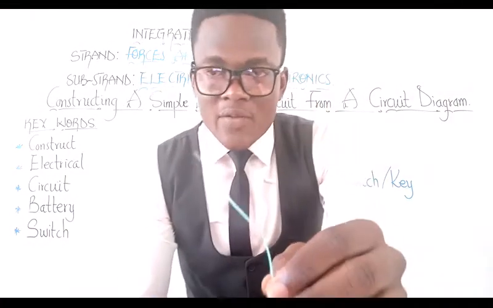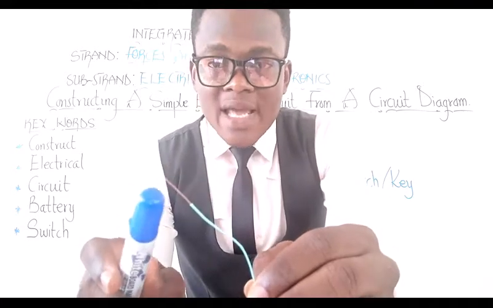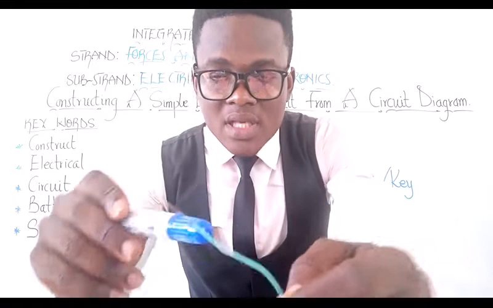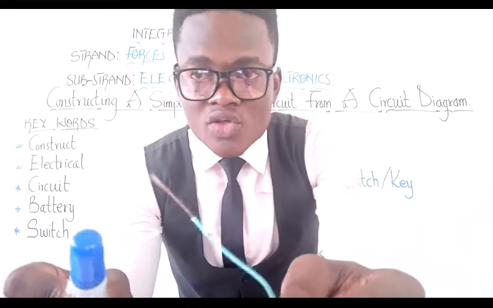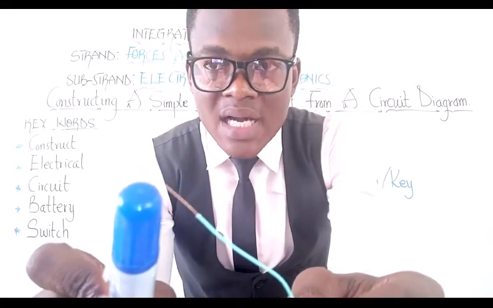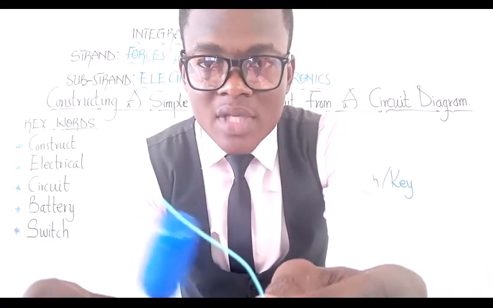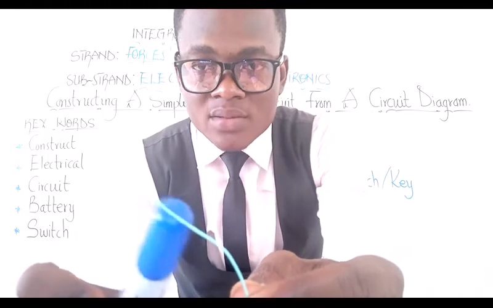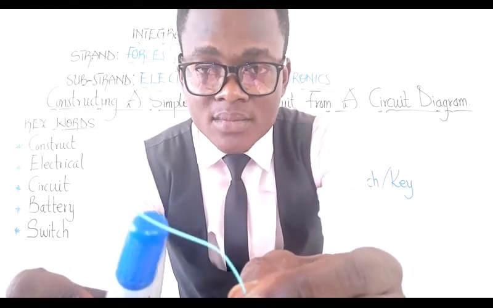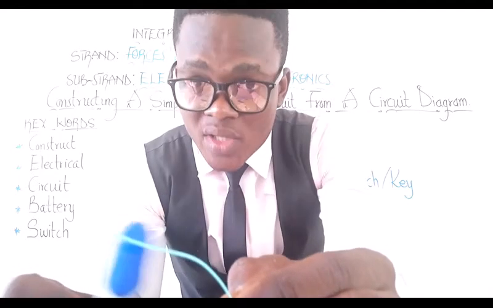The connecting wire is a conductor that carries electric current through the various components. This is the conductor, as you can see over here, and the rubber-like structure over here is the insulator.